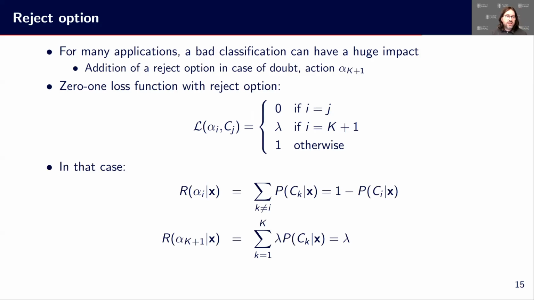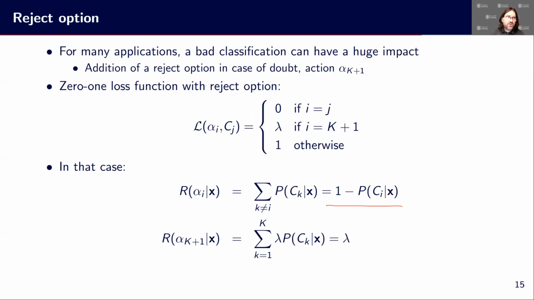In that case, the expected risk is something like this. We just look at the risk for a decision, any decision among the classes. This is the same thing as before. We just get this equivalent to 1 minus P(C_i given x), so this is our risk for assigning to class i.